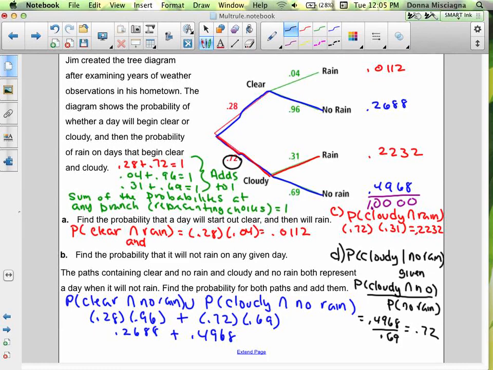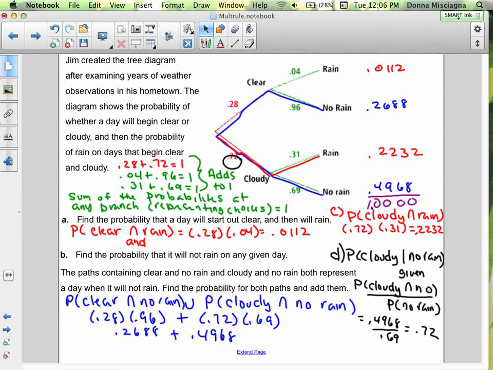You want the probability of cloudy given there was no rain. So you choose the pathway, and it's simply the cloudy. If you forget, just do it the way that we've always done it, and you'll get the right answer. So you can do it the long way, or you can remember, choose the pathway. You won't include the probability of the no rain part because you're not going down the pathway. You're going the other direction, and you're just finding out what's the probability that it would be cloudy if there was no rain. The probability to be cloudy if there's no rain would be 0.72.